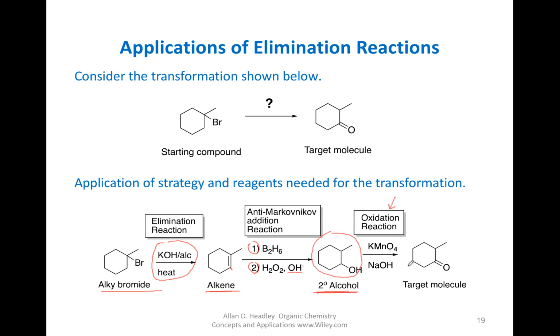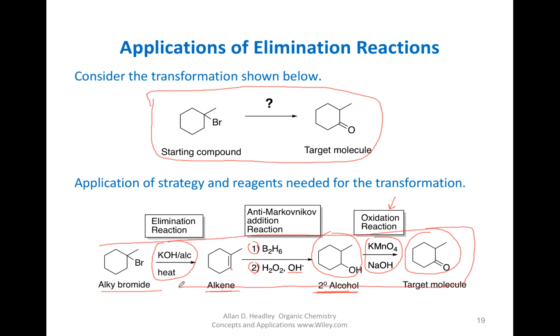So now you have to pick a good oxidizing agent. One, of course, that comes to mind is potassium permanganate in the presence of base to give our target molecule. So that's what's expected. If you're asked, show how to carry out this transformation, what's expected is right here: the steps showing the reagents.